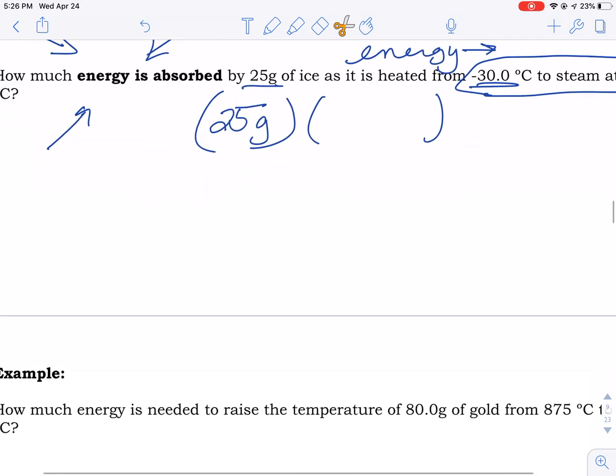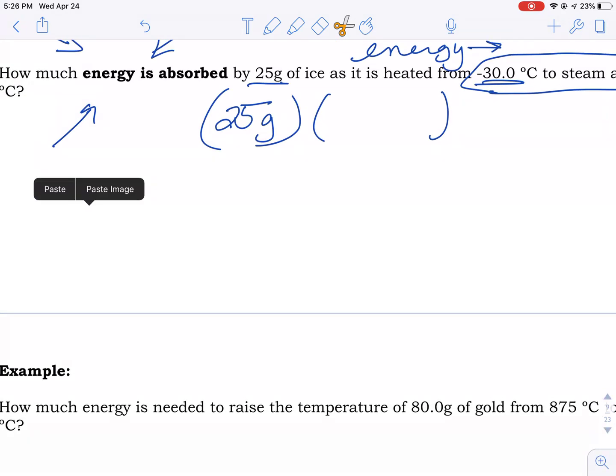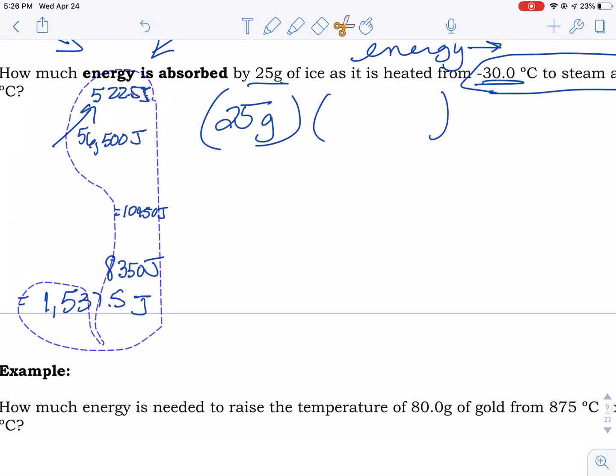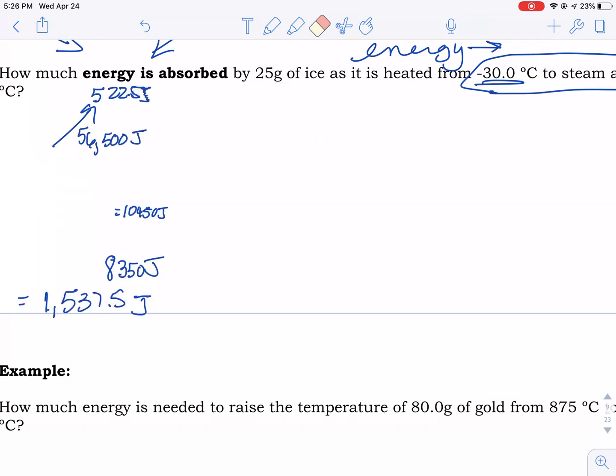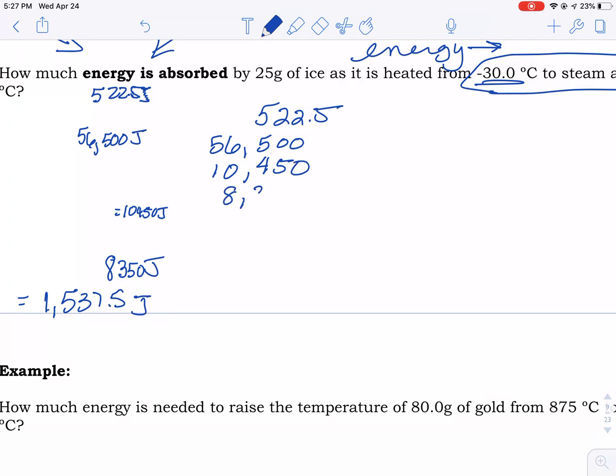Now, if I want to have a little space, I'm going to copy these and move them down here. And I'm going to add them up. So I'm going to take 522.5 plus 56,500 plus 10,450 plus 8,350 and 1,537.5.